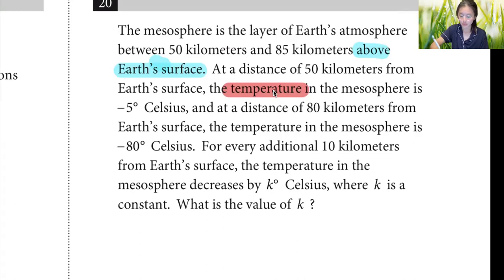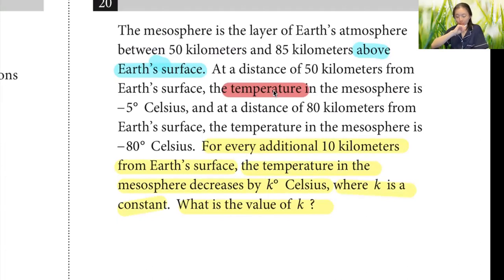So if you look over to the last question, for every additional 10 kilometers from Earth's surface, the temperature in the mesosphere decreases by K degrees Celsius, where K is constant. What is the value of K? So that's the last part you really need to focus on.